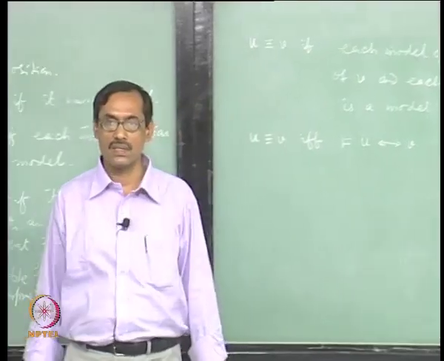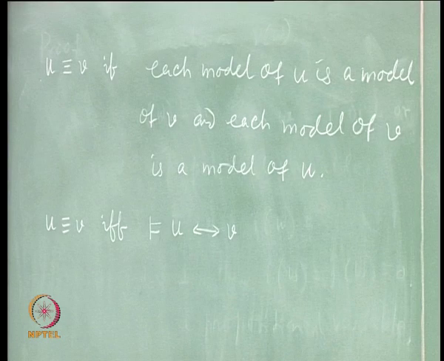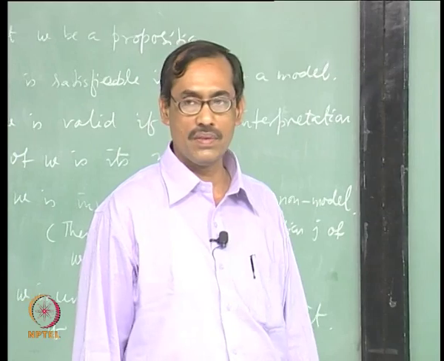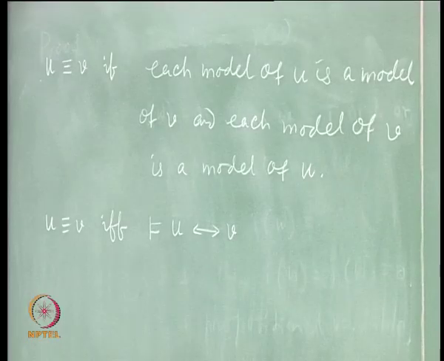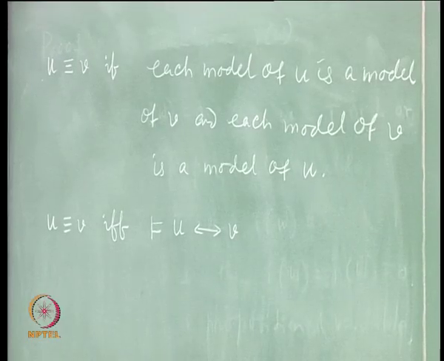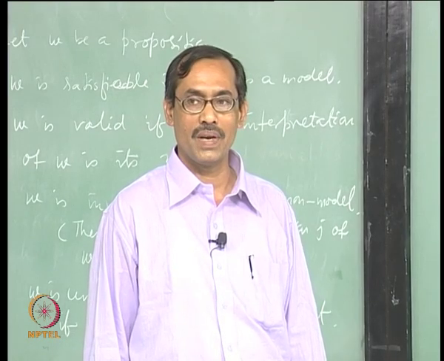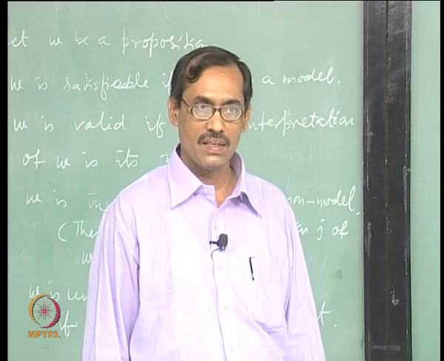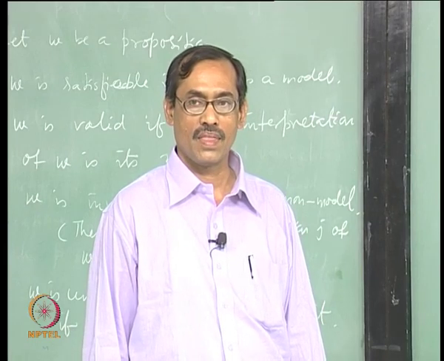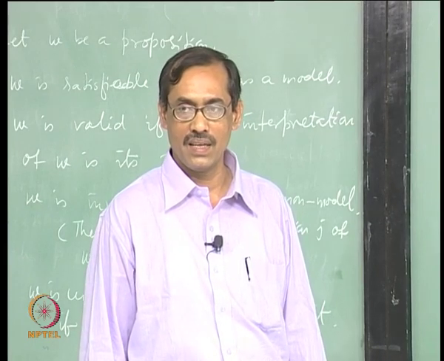Now, how do you see the truth of this statement? Suppose we use that each model of U is a model of V and each model of V is a model of U. How does it say U if and only if V is valid? Each interpretation should give the same. Consider any interpretation.